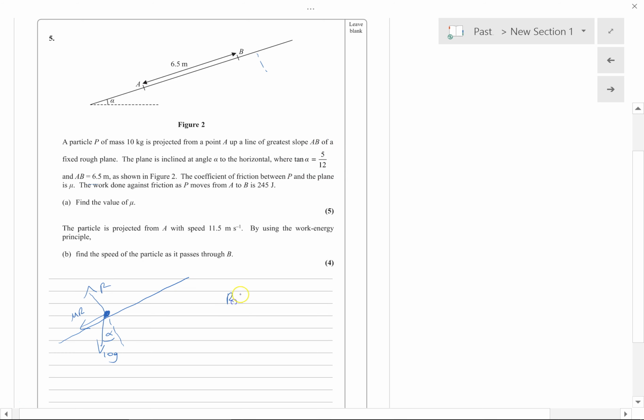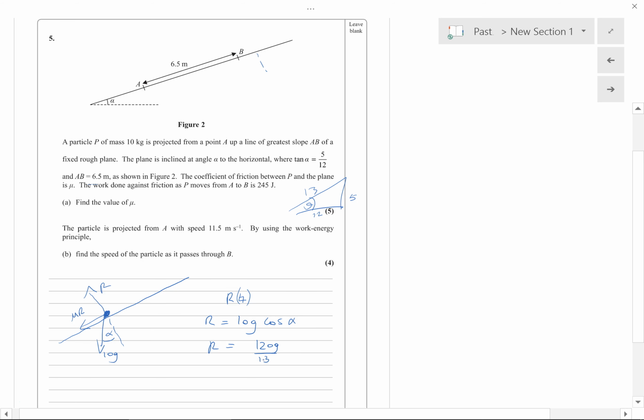So if I resolve perpendicularly, I will get R, the familiar one we see when we resolve perpendicularly. R is 10g cos alpha. Now, if we do our little playing around with our triangle, we have 5, 12, 13. So cos alpha is 12/13. So R is equal to 120g/13.